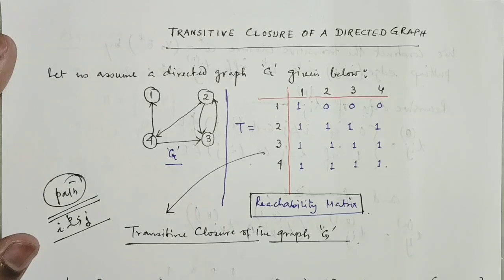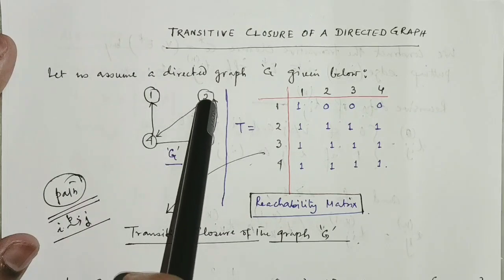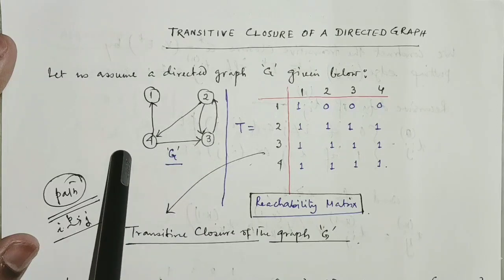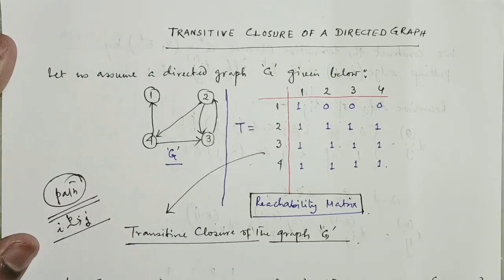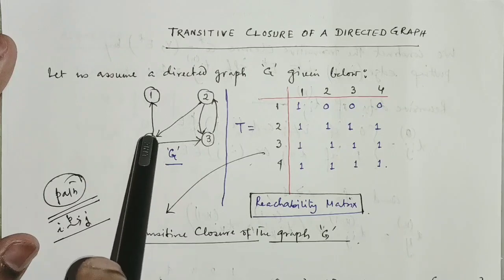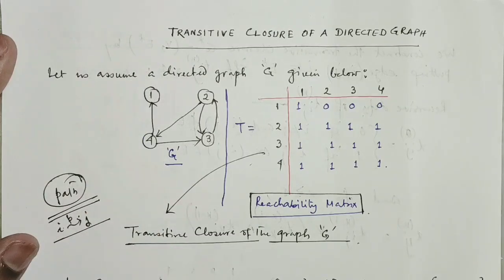Or if you want to find a path from 2 to 4, there is a direct path, 2 to 4. There may be some via paths in the case of other pairs of vertices. For example, there is a direct path from 4 to 1 also. So be careful in this transitive closure calculation.